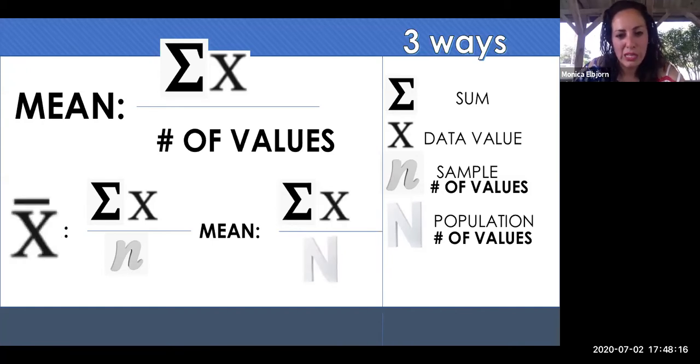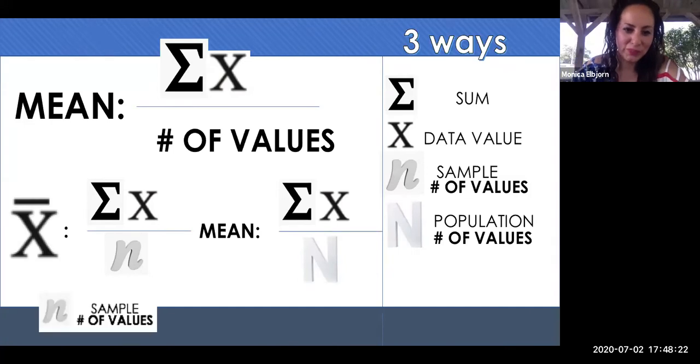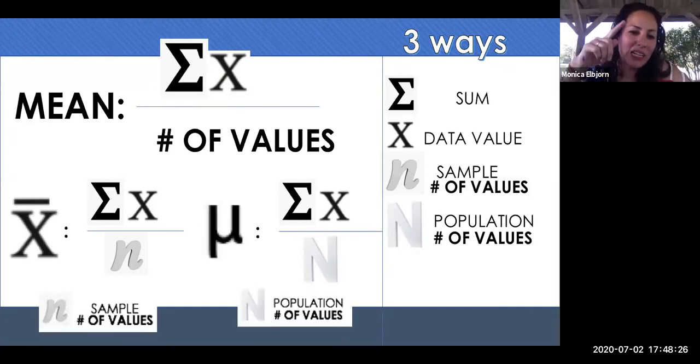What about the population mean? You're going to divide by the total number of values of the population. This one is pretty cool. It's between a U and an M. Can someone guess what it's called? Yes, it's called mu.